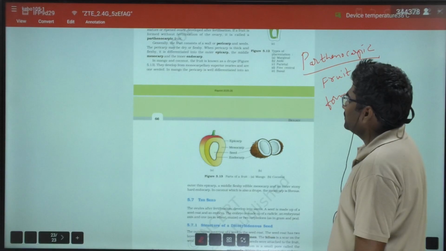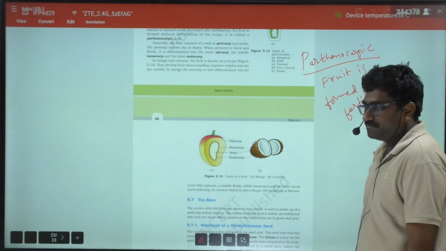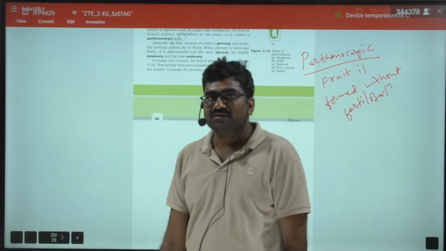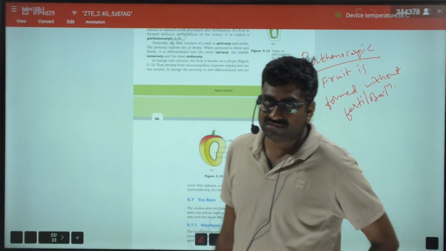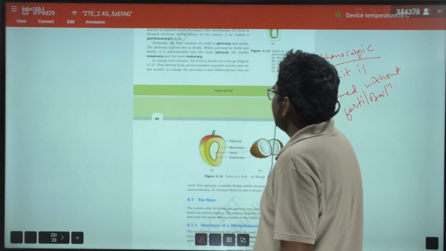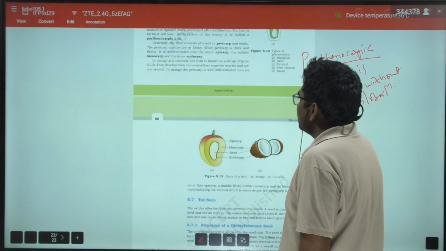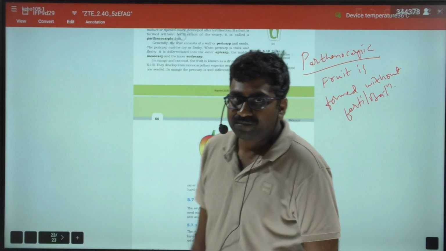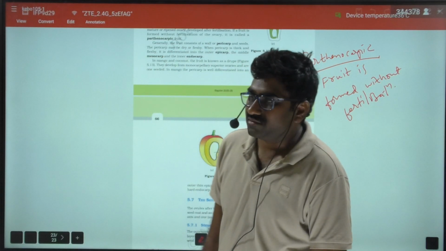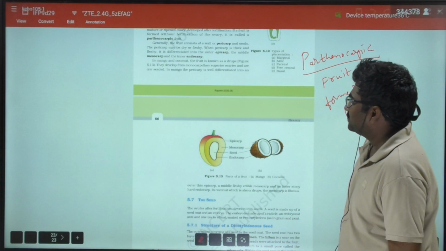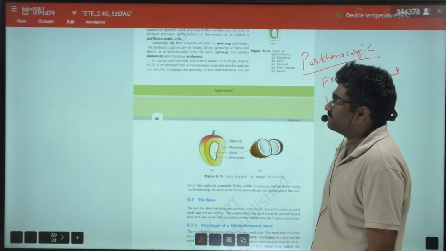So that is known as the parthenocarpic fruit, and the process of formation of parthenocarpic fruit is called parthenogenesis. So usually these fruits are seedless fruits, and they are commercial in nature, right? So easy to eat and they are fleshy.